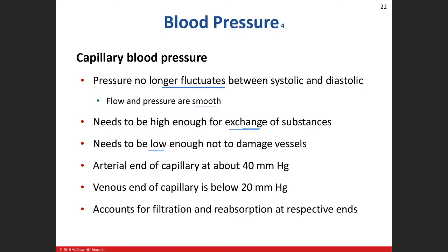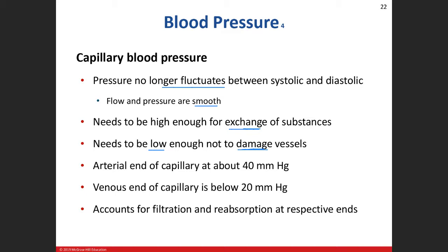Or flip that. We need it to be low enough for exchange of substances, but not too high where we damage the blood vessels. So this goes back to that earlier topic that I was talking about, when we were talking about the capillary and filtration versus resorption.